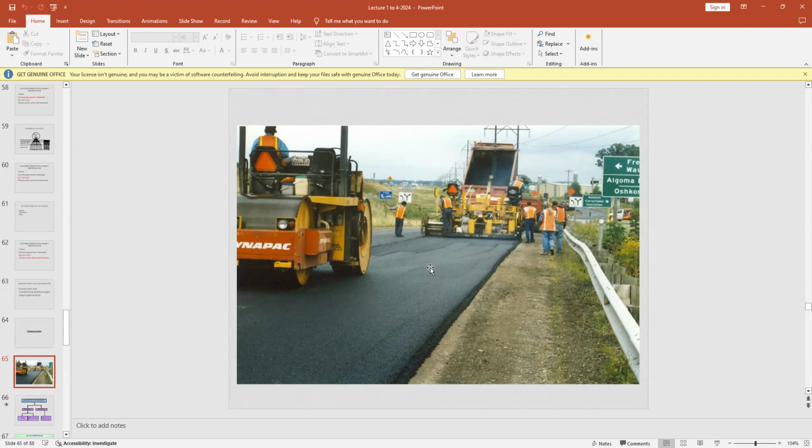Still, in the smaller cities, they don't use pavers. We use pavers on motorways and highways, but there are still people who don't use them. They are using simple mix design machines, road plants.